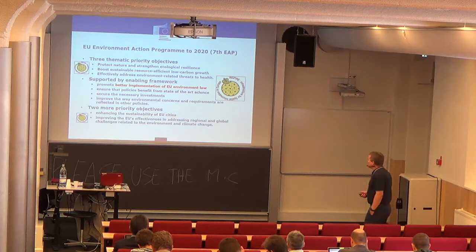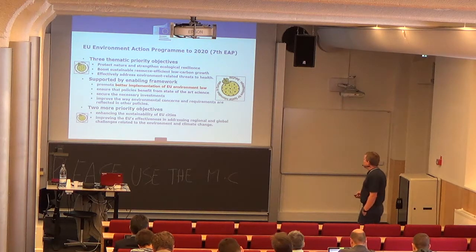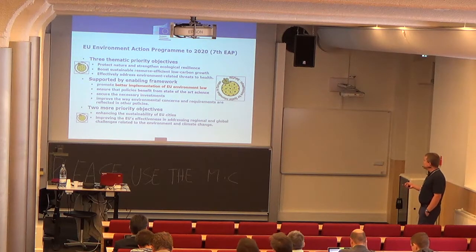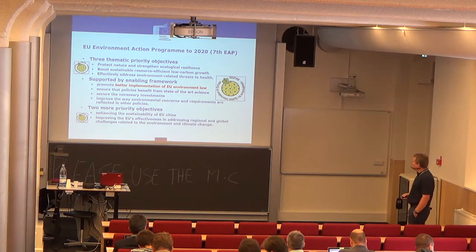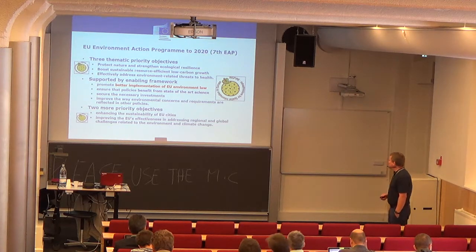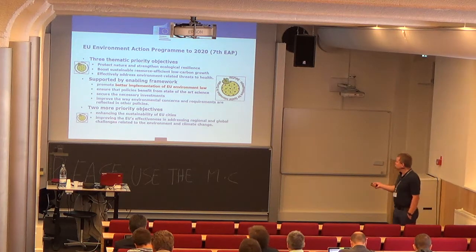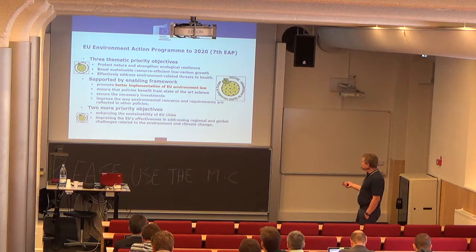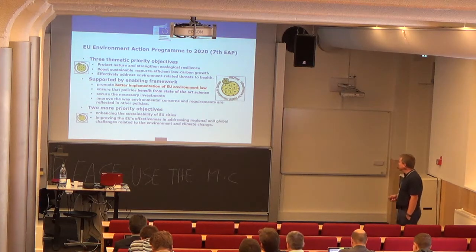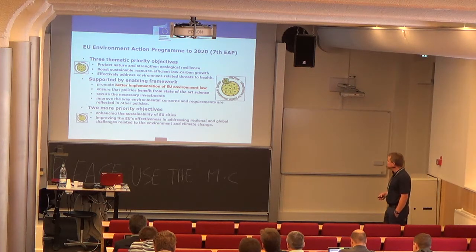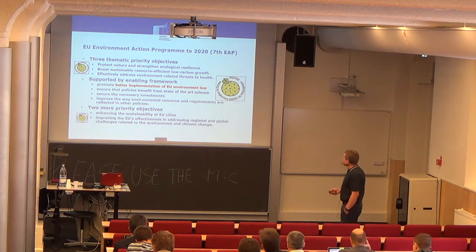These are supported by an enabling framework: better implementation of EU environmental law; ensuring that policies benefit from state-of-the-art science; securing the necessary investments; improving the way environmental concerns and requirements are reflected in other policies. And two more priority objectives: enhancing the sustainability of EU cities, and improving the EU's effectiveness in addressing regional and global challenges related to the environment and climate change.